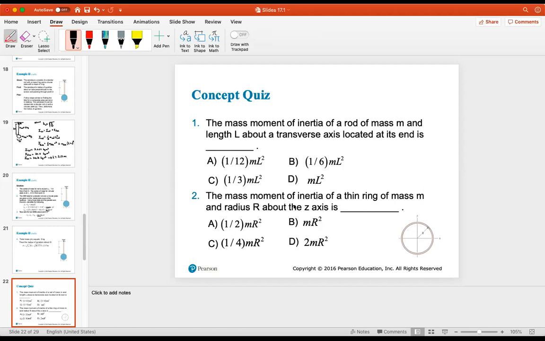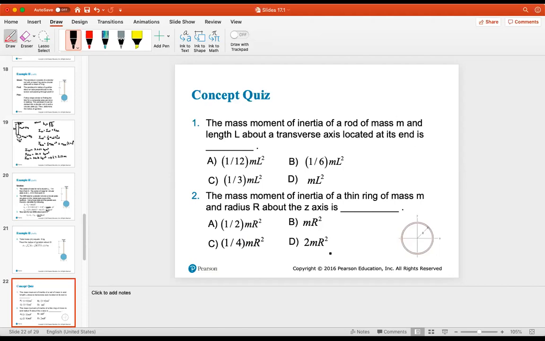And the mass moment of inertia of a thin ring of mass m about the z-axis, about the center here, right? If you can see here, x is to the right, y is vertically upward, z is kind of into your eye. What would that be? Half mr squared, 1/4 mr squared, or 2 mr squared?